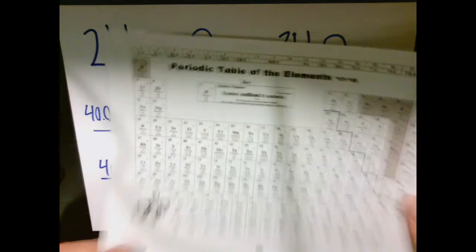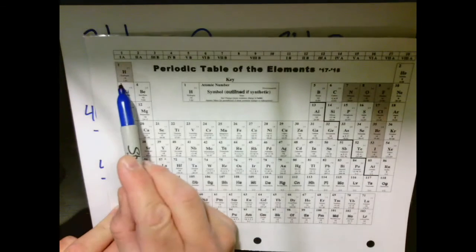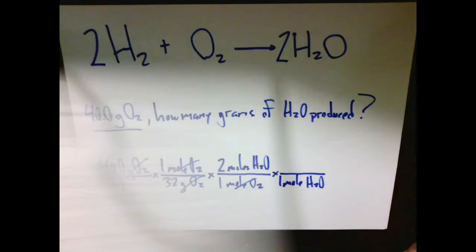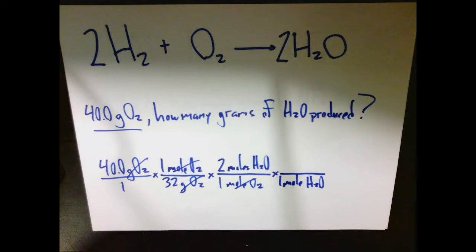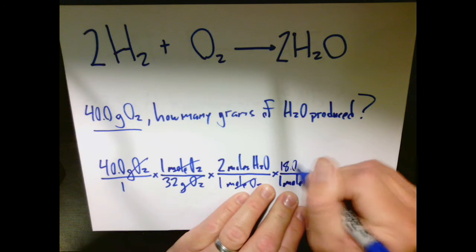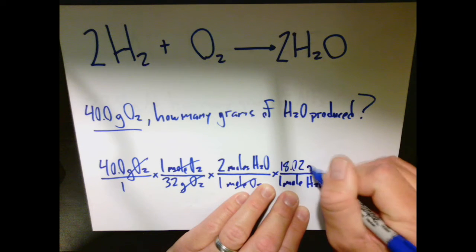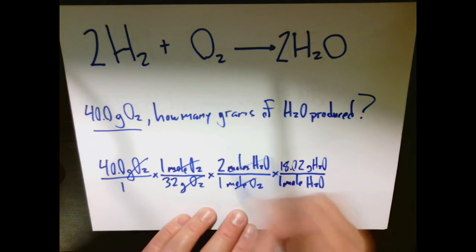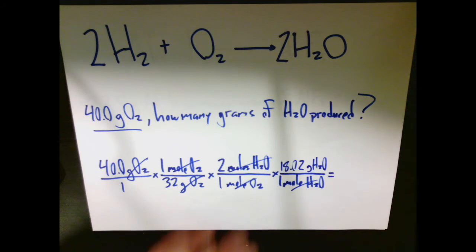So H2O, I'm going to add 2 hydrogens to 1 oxygen. 16 plus 1.01 plus 1.01 is 18.02, and that's grams of water. So moles of water cancel, and I'm left with grams.